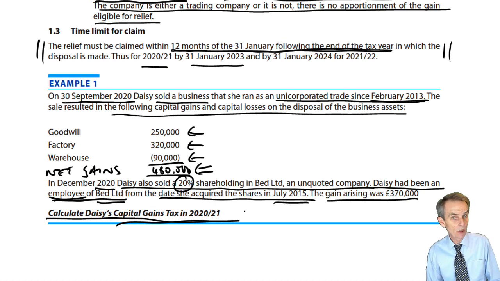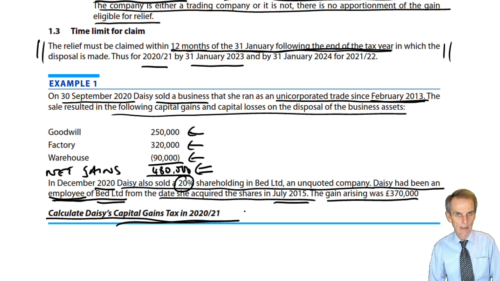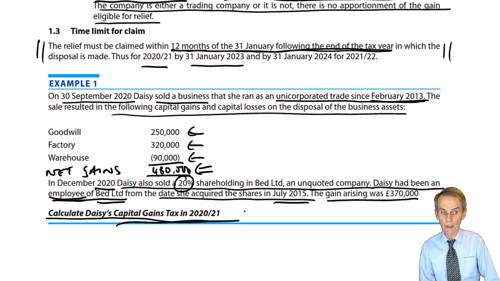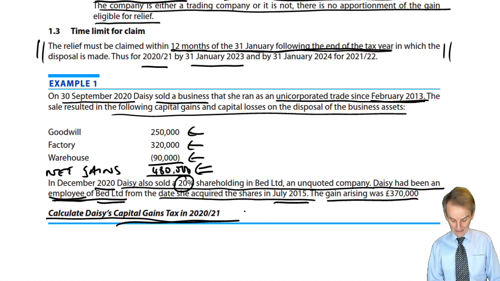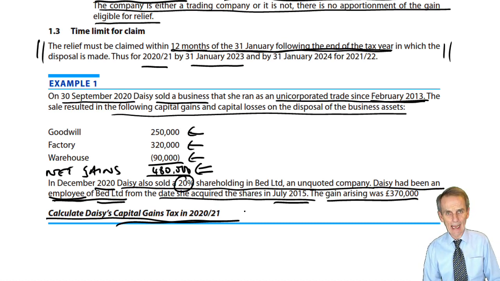The situation which is more interesting, and we'll deal with in our next session together, is where we have a mix of gains, some that qualify for the relief, and then other gains on other assets. And we have available losses, and of course we have available, as you would hear, your AEA, and you've got to bring it all together to work out that CGT liability. But I'd like you to have a quick go at that.